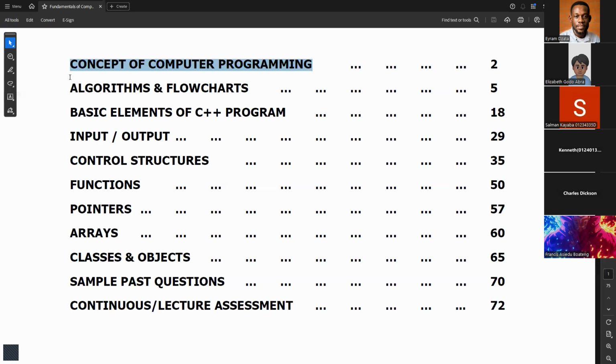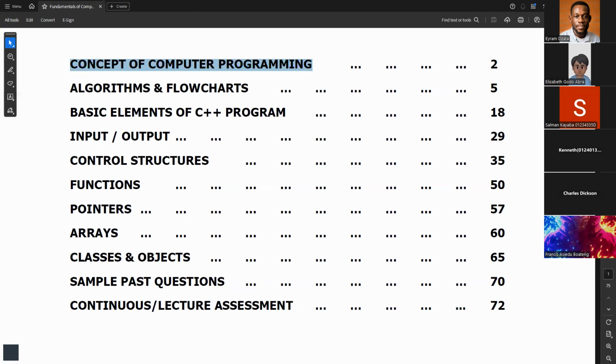Last week, we looked at the concept of computer programming, what computer programming is, then programming languages, and how we can relate them to the natural languages we have.